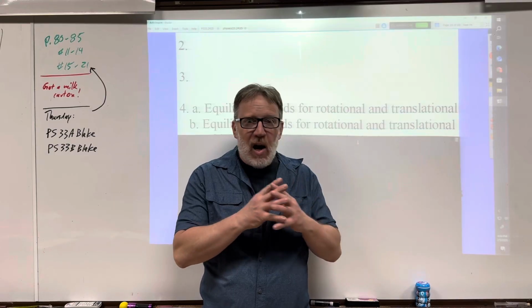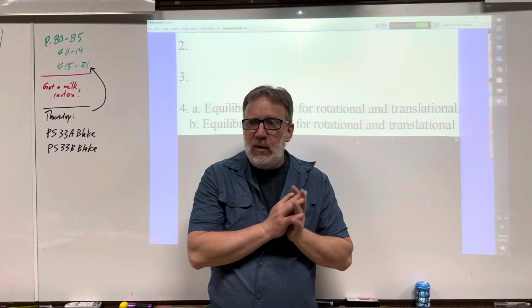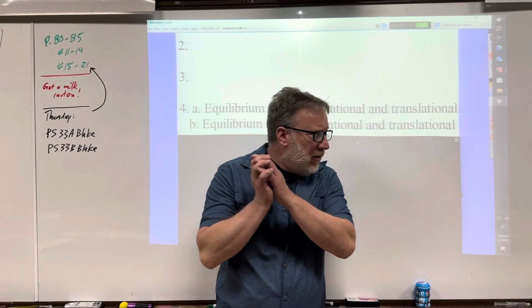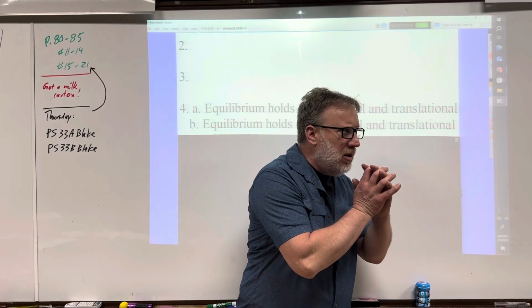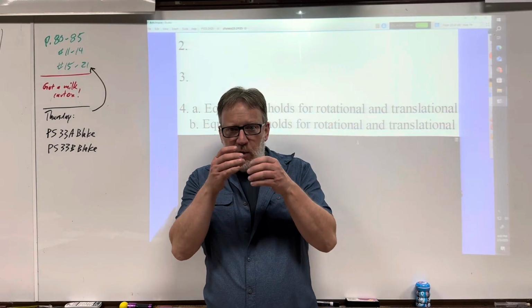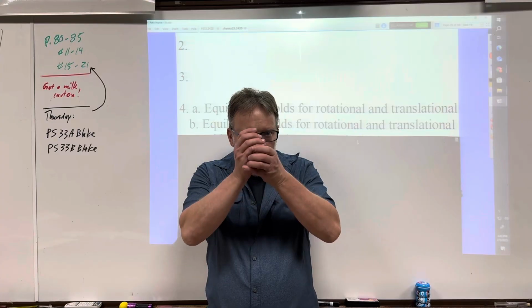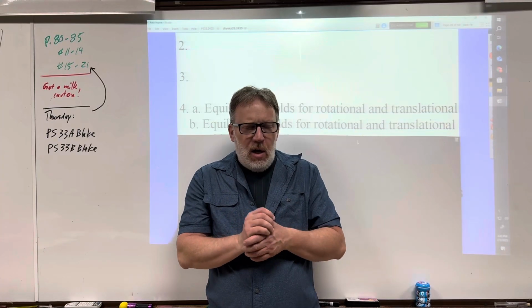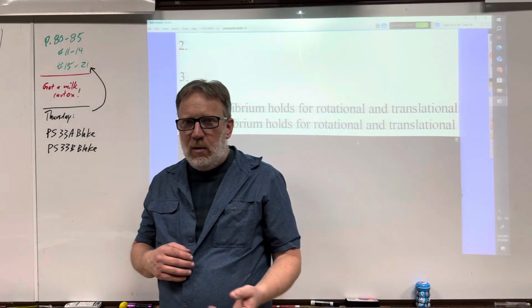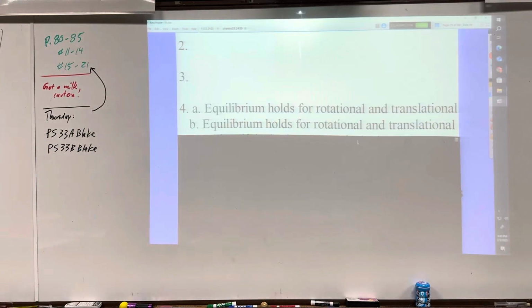If that motion's 5, they'll continue to translate at 5. If that motion is 11 meters per second, they'll continue to translate at 11. If their motion is 0 meters per second, it continues to translate at 0. It's more complicated when spinning, but if there's no change, it's still equilibrium.